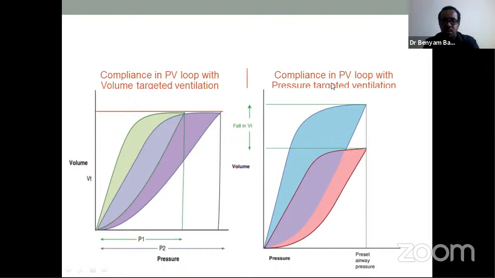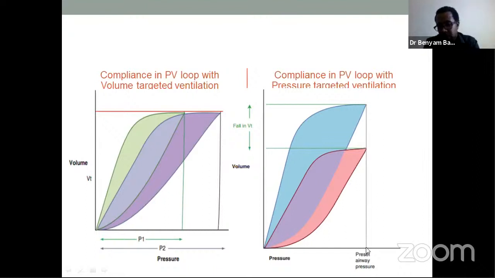But if you are using pressure targeted ventilation, the pressure will be for the preset airway pressure, because we are setting a certain pressure. So volume is variable. Using pressure targeted ventilation, for the pressure that we set, we achieve a certain tidal volume here.